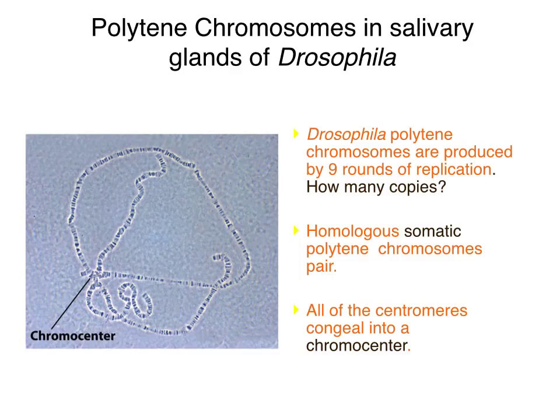If you go through, and this is just an example, but this is a kind of real example with the salivary glands in Drosophila, you go through 9 rounds. How many copies of each gene or chromosome are you going to have? There's a formula: 2 raised to the what? 9th power. That equals 512 copies. And so that's what you see in the salivary glands of flies.